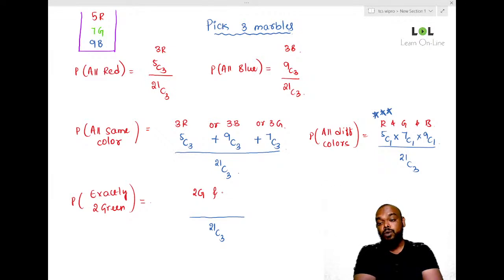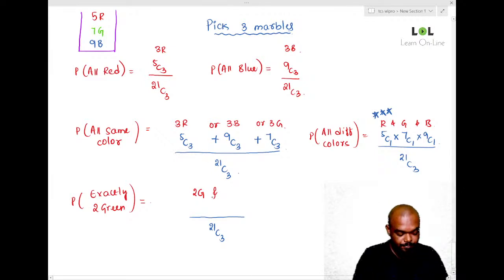Right? So you cannot, Tarun. Look at the question. Exactly 2 green I told. You cannot pick a third marble as green. It has to be either blue or red. So any one from blue or red.